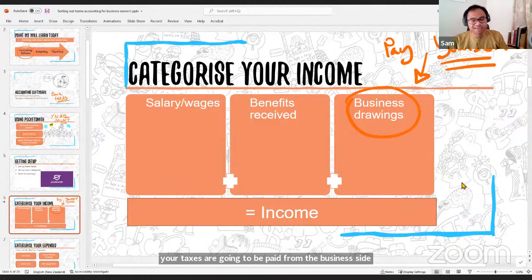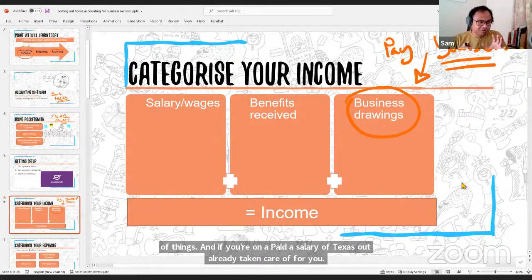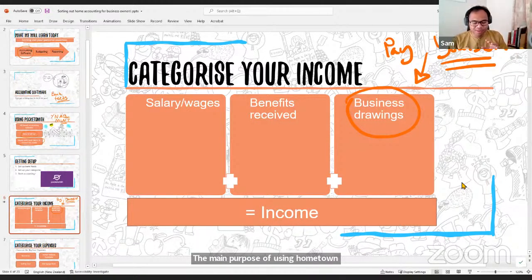And if you're on a PAYE salary, your taxes are already taken care of for you. The main purpose of using home accounting software is for you to get a better idea of what you're spending on, and more importantly, how much money you can afford to put away in savings.